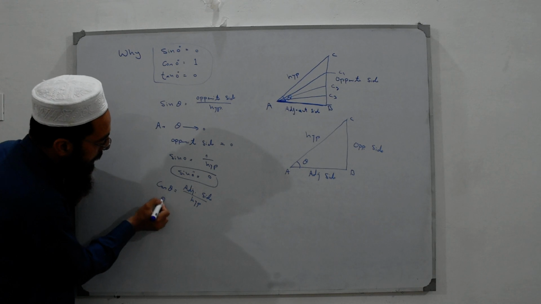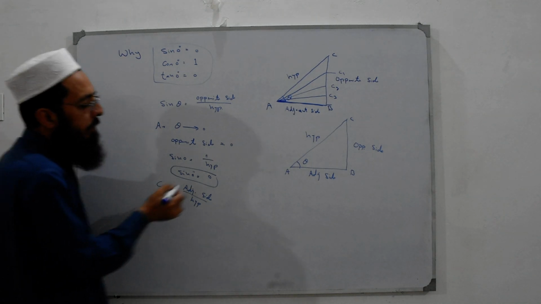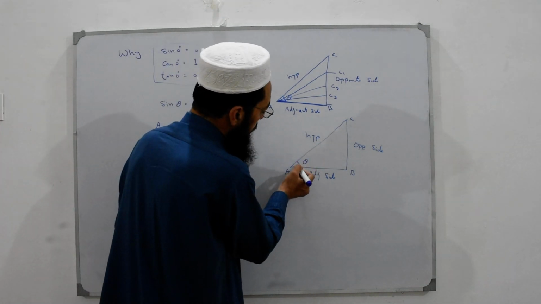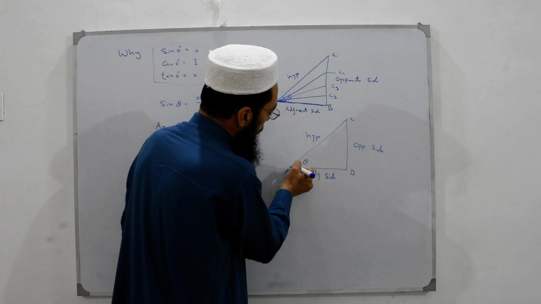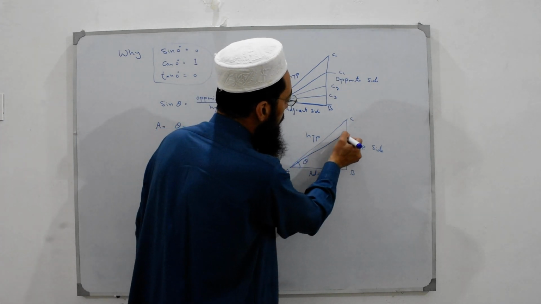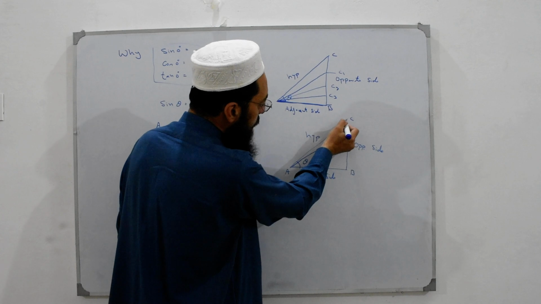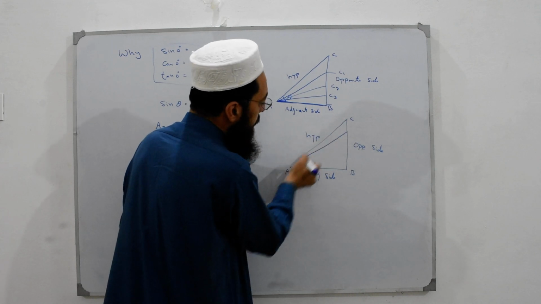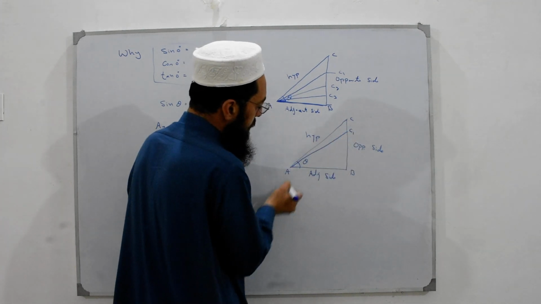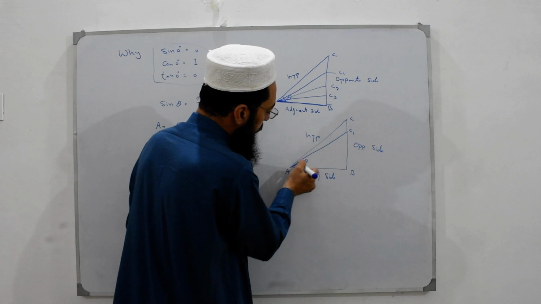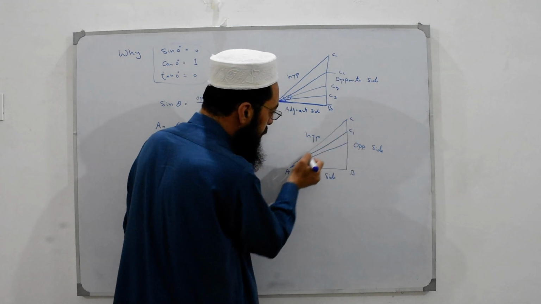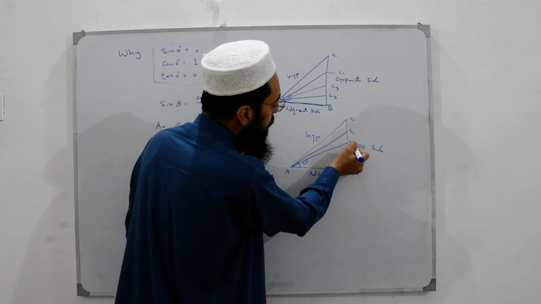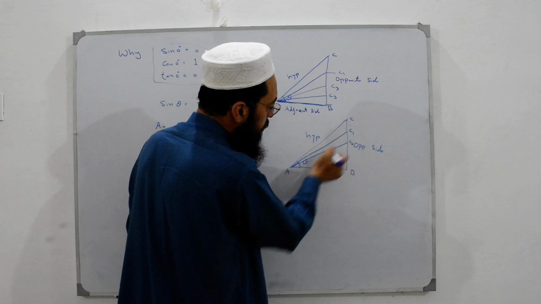As theta tends to 0, in this triangle we decrease theta from theta to theta 1, the hypotenuse will decrease from AC to AC1. Further we decrease angle theta, the hypotenuse decreases from AC1 to AC2.